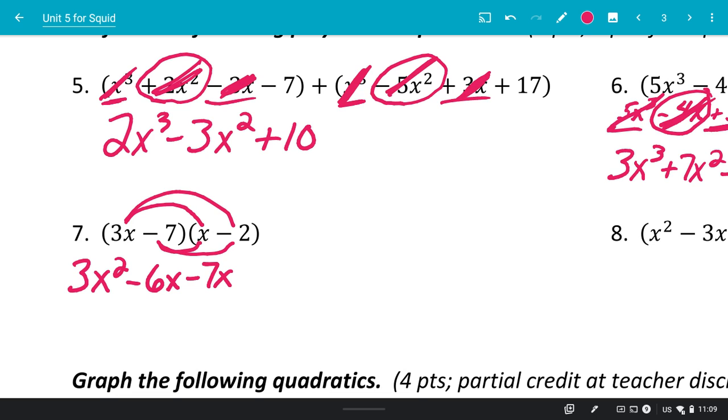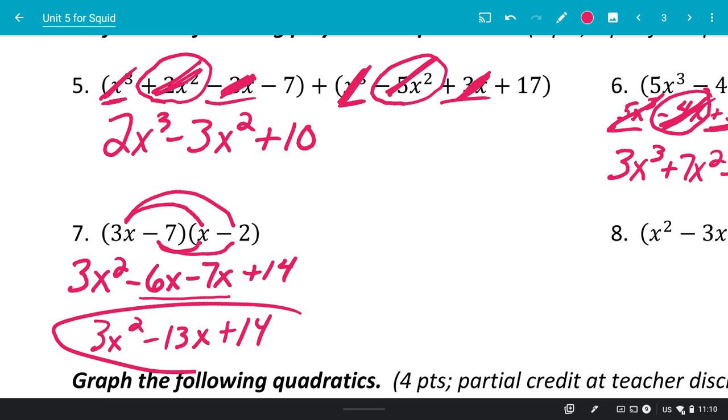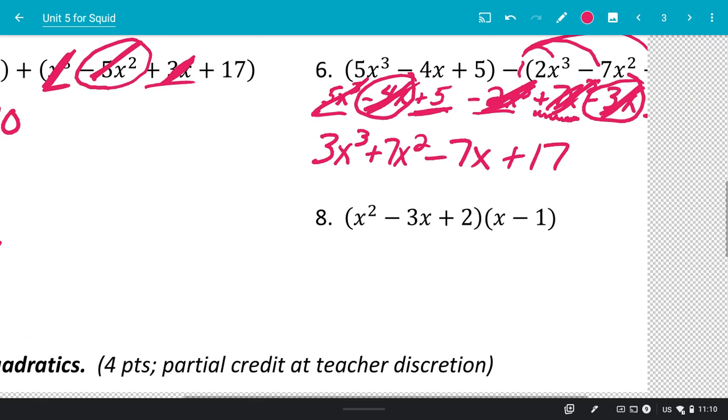Negative 7 times a negative 2, negative times a negative is a positive 14. Am I done? No, because I've got these two like terms that I need to put together. So I just pull down the 3x squared. Negative 6 and the negative 7 is a negative 13x plus 14. How many got that one right? Excellent.